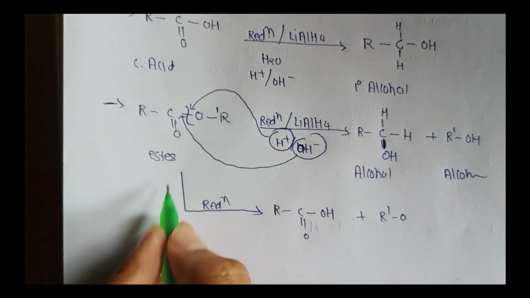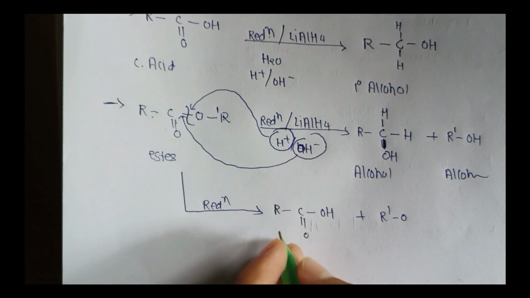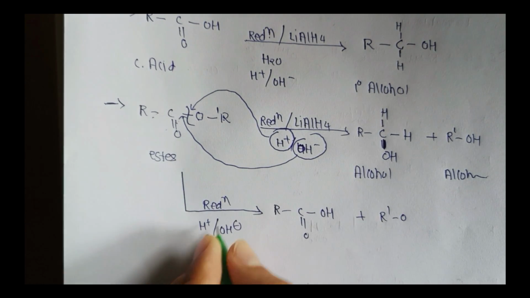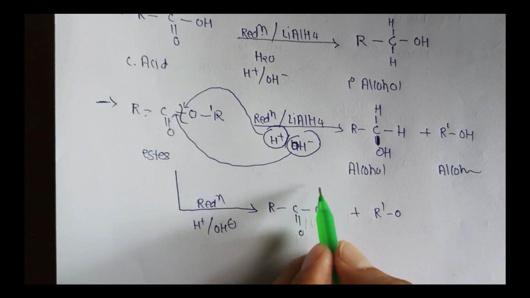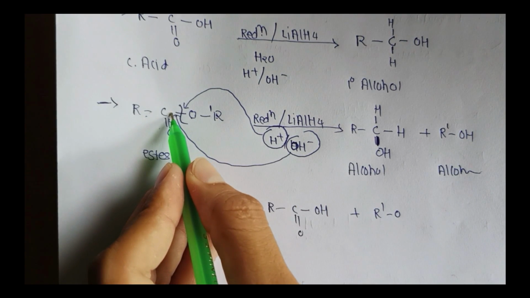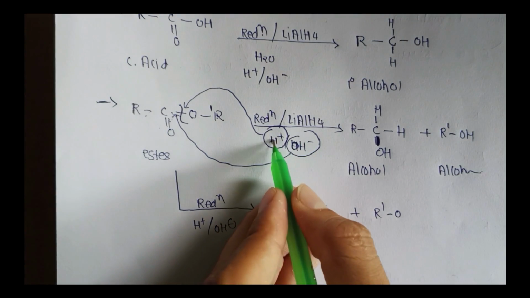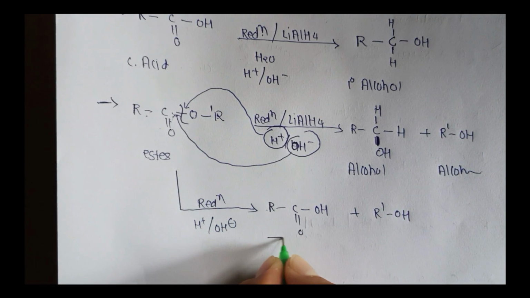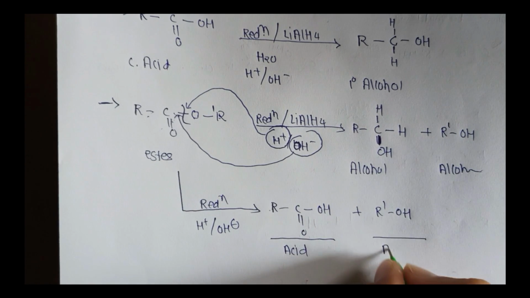Here R C double bond O R dash, with H2O meaning H plus and OH minus. First of all, this OH group is added here, therefore R C double bond OH. Another H plus is added here. This is the carboxylic acid, and this is the alcohol.